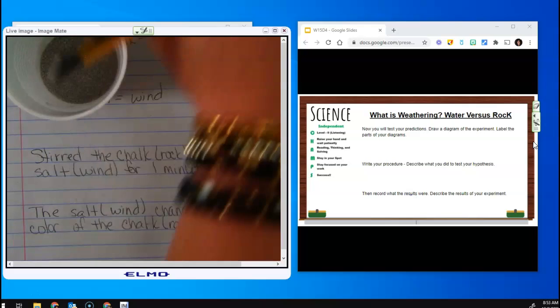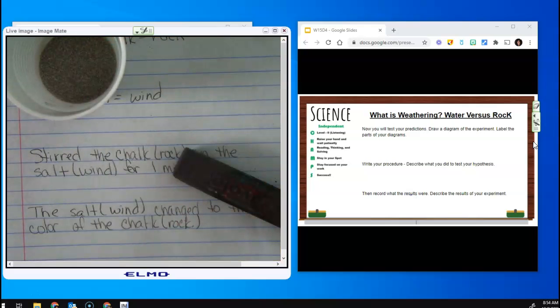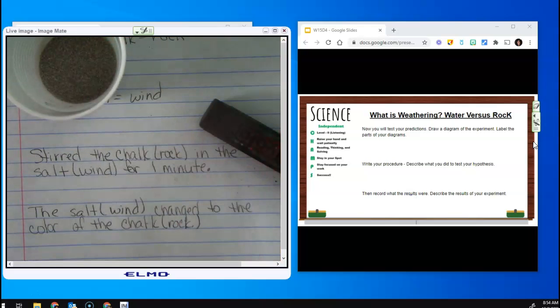What happened to the rock? What happened to the chalk? Kamani, you're right. The chalk got smaller, didn't it? The chalk, or the rock, was broken down.